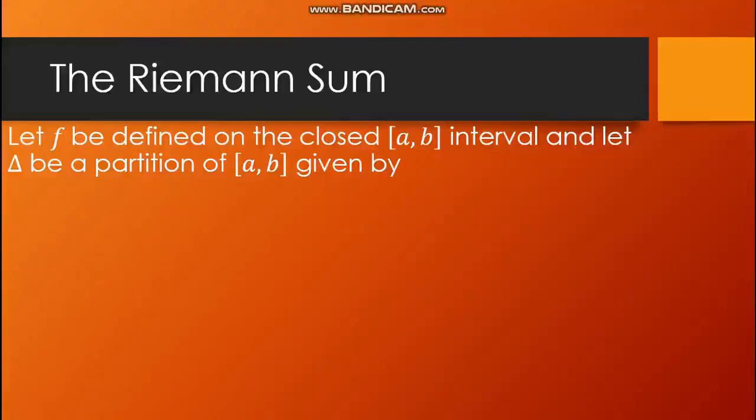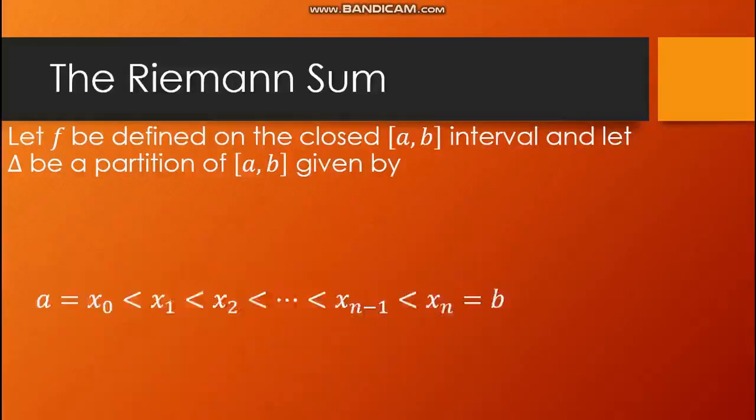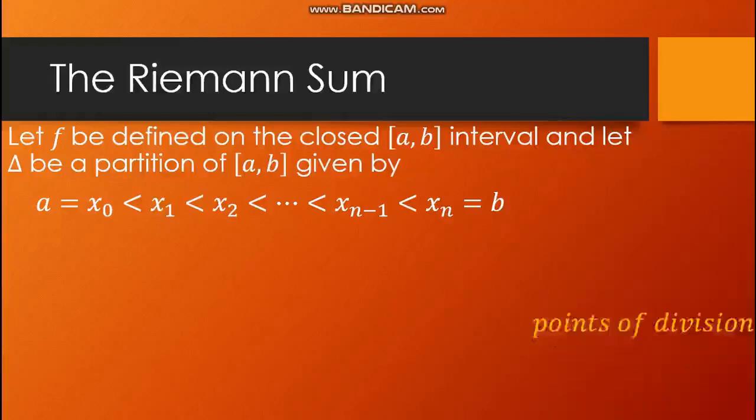If we have a function f defined and closed on the interval a to b, and let delta be a partition of the interval ab, then these are our points of division.